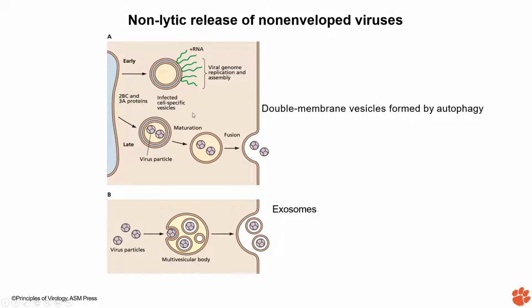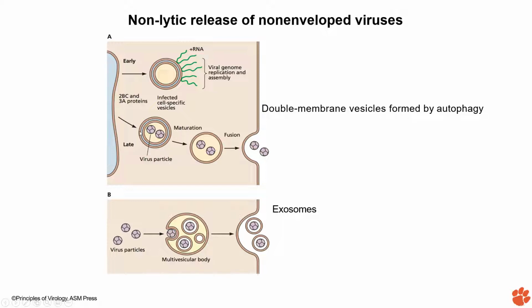Then several proteins like the 2BC and 3A proteins induce the assembly of the virus on this double membrane and eventually enclose this virus particle in a double membrane structure. These double membrane structures are usually known in the cell as autophagy vesicles. Suppose your mitochondria or some other organelle is going to get degraded, they are enwrapped with the double membrane vesicle and then they are recycled. So the virus particles are inside those double membrane vesicles, or DMV.